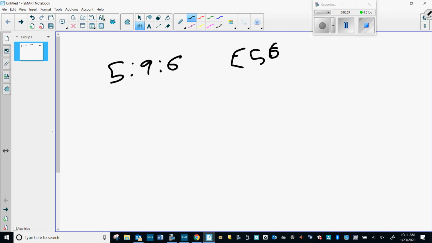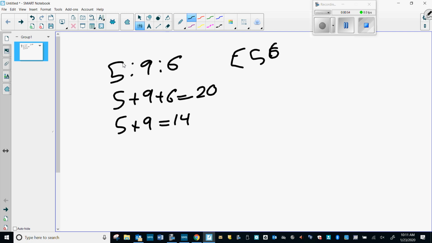Okay, so what I did was I added 5 plus 9 and 6 from the ratio. So 5 plus 9 plus 6 is equal to 20. And I added the 5 and the 9 together to get 14, since that's the amount Jack and Kate had together.